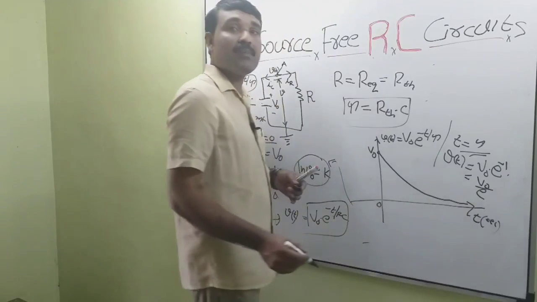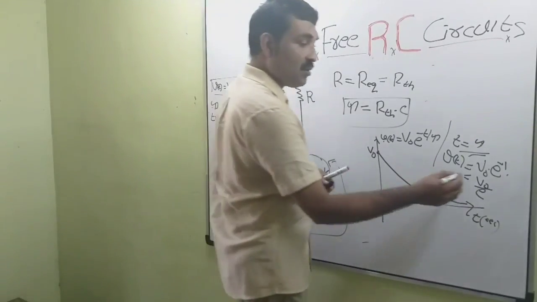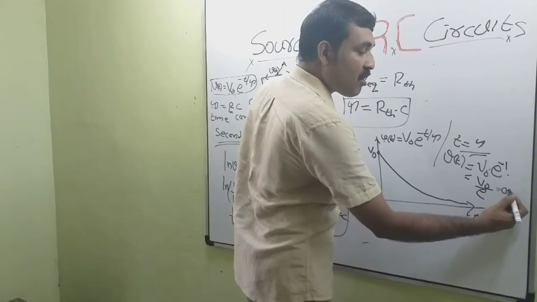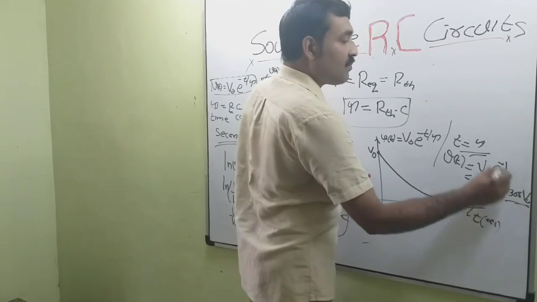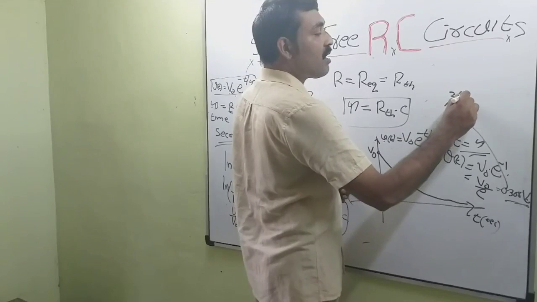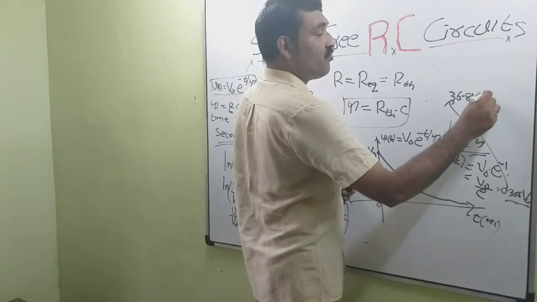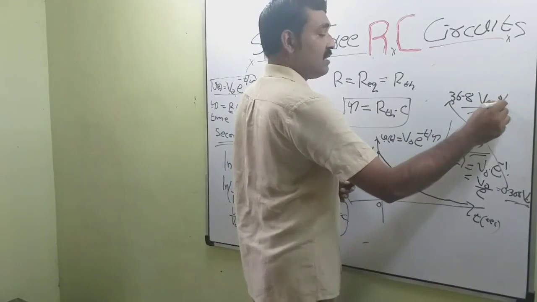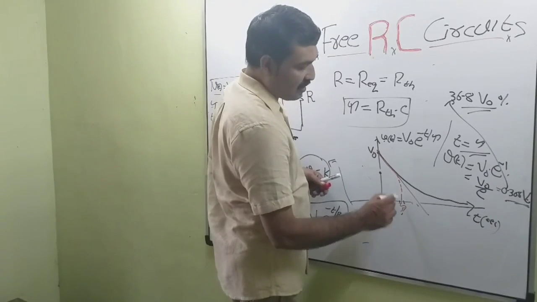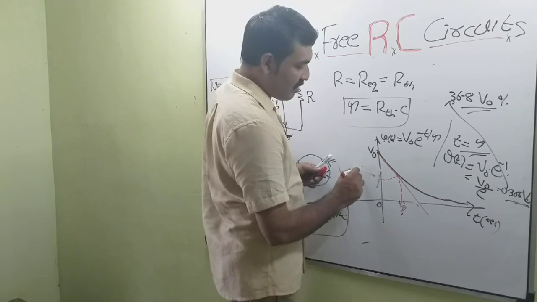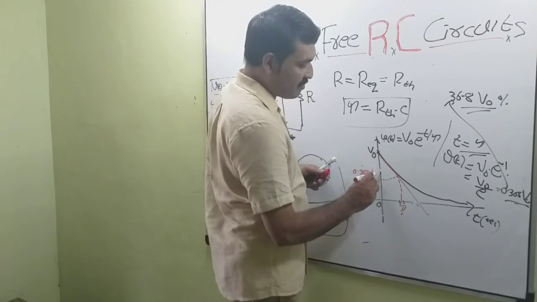So that is reduced by a factor of 1 by e, or this is equal to 0.368 V0, or 36.8% of V0. Okay, this is my percentage. When t is equal to tau, the response becomes 0.368 times V0.